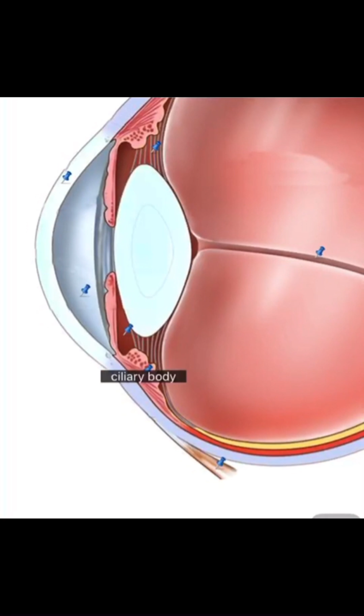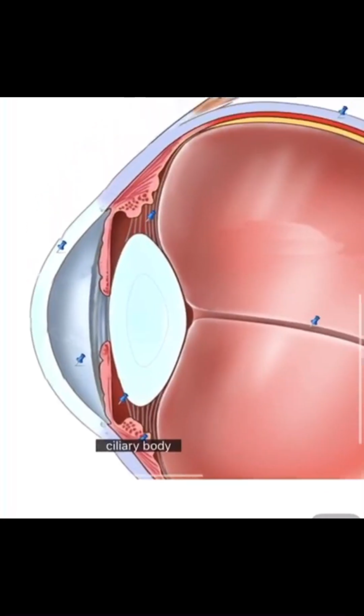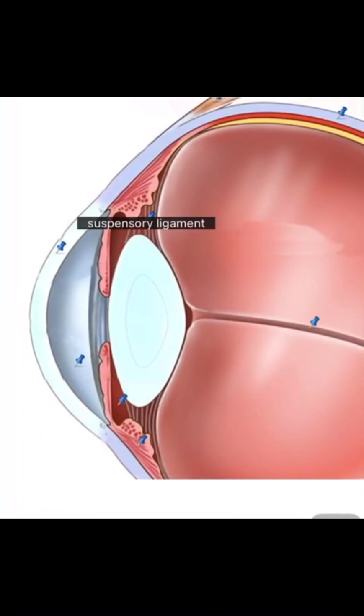The ciliary body consists of ciliary muscles and secretory epithelial cells. I will discuss the functions of the ciliary muscles and secretory epithelial cells. The ciliary muscles give attachment to the suspensory ligament, and the suspensory ligament attaches to the capsule which encloses the lens.